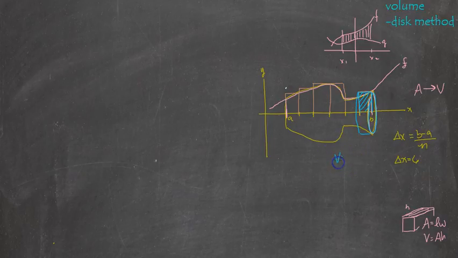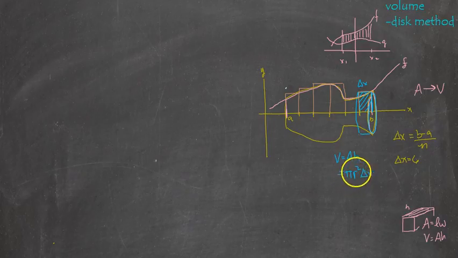Well, the volume of a disk is going to be the area of the surface times the height. So let's start with the area of the surface, this circle at the top of the disk. The area of the circle is pi r squared, whatever the radius r is, times the height, but we happen to know already that the height is whatever delta x is.